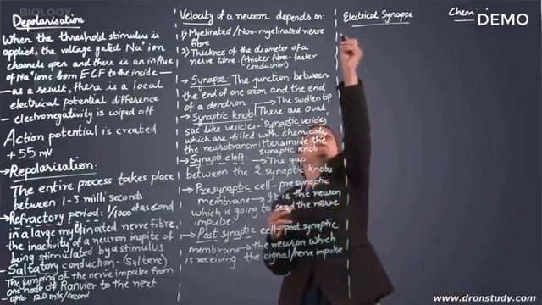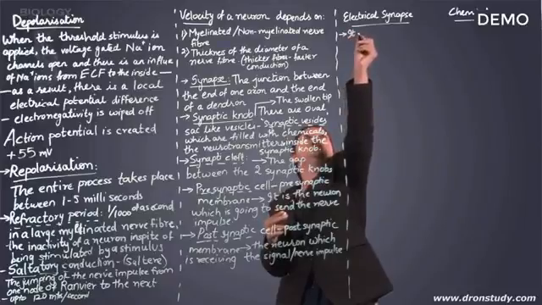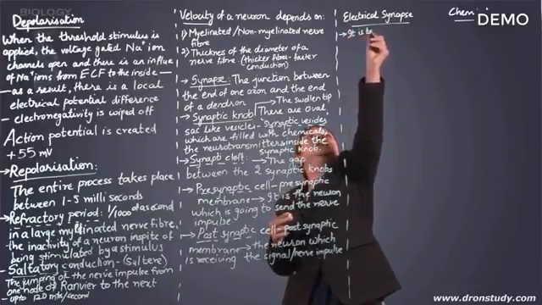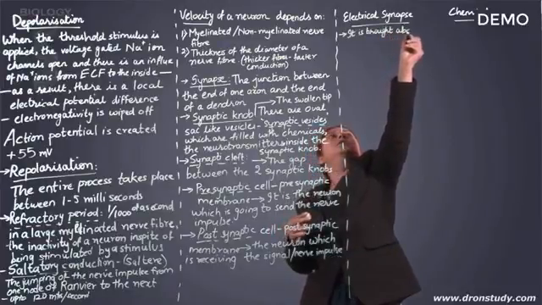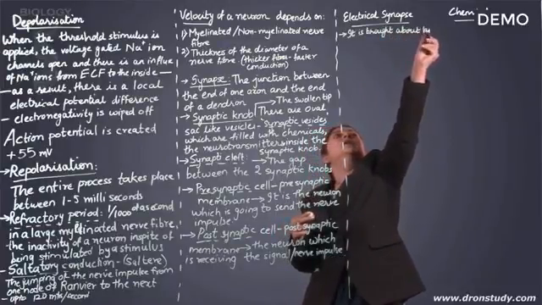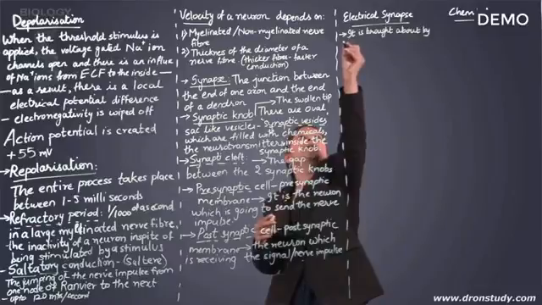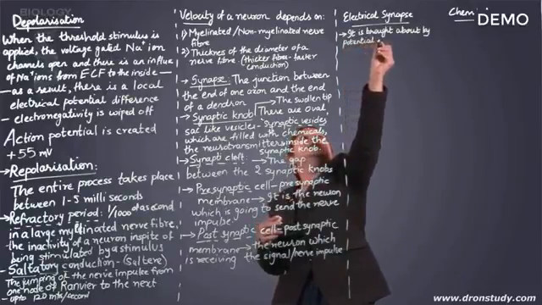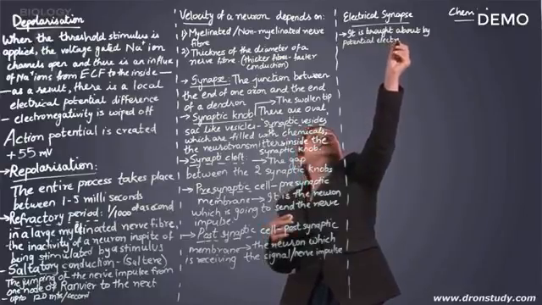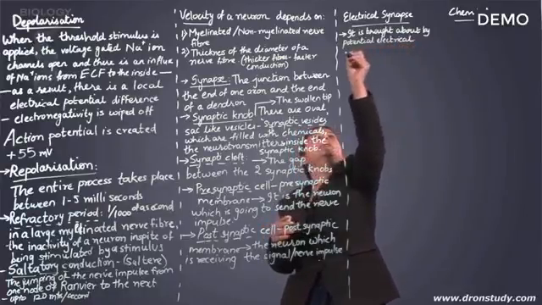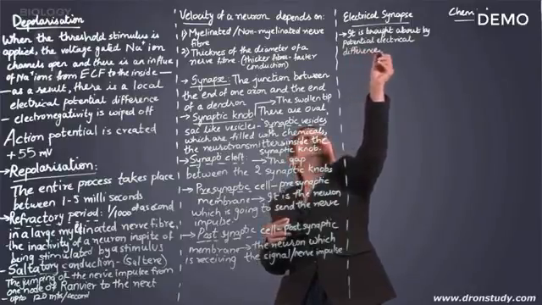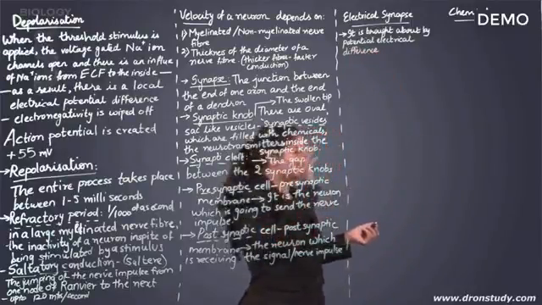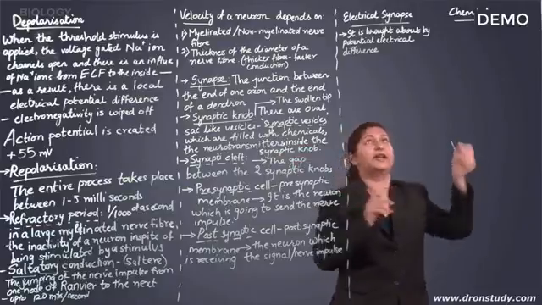So the first point is that it is brought about by the potential electrical difference between the two nerve endings.